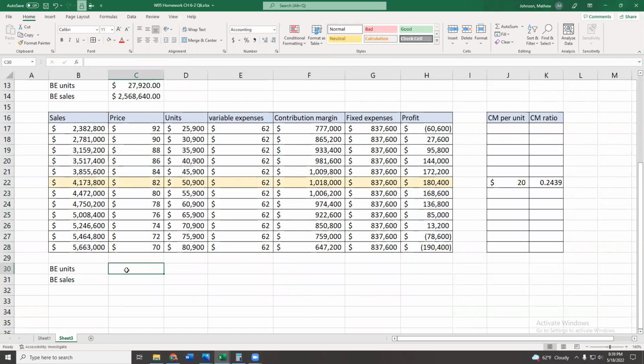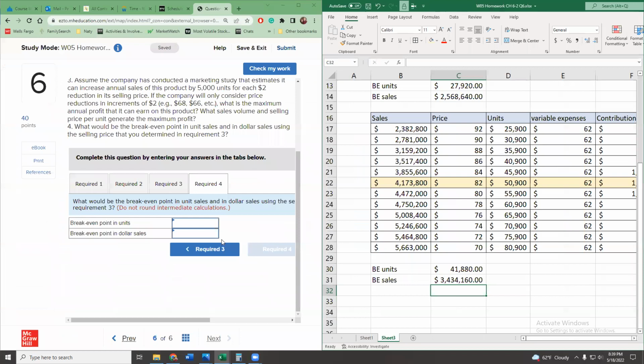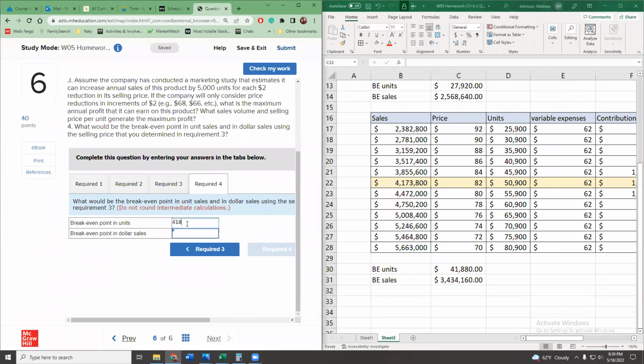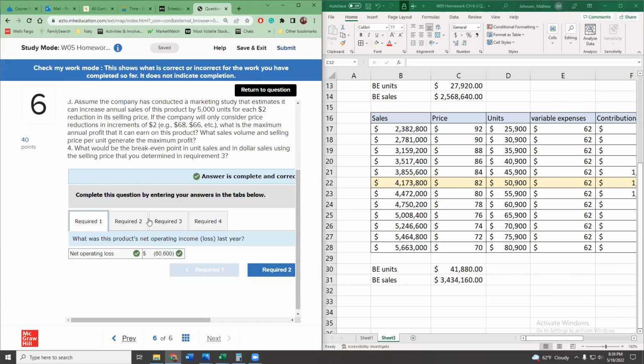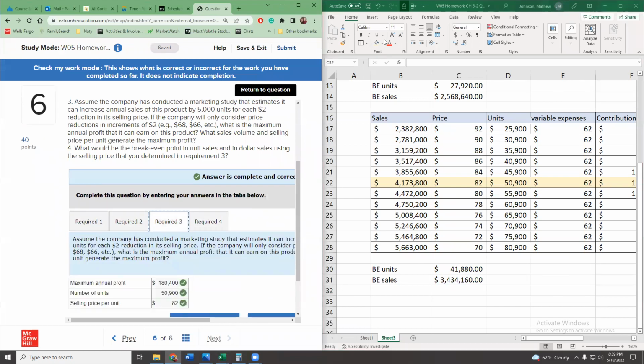Break-even point in units is the fixed expenses divided by contribution margin per unit, and in sales it is fixed expenses divided by the contribution margin ratio. Okay, awesome. Let me know if you have any questions.